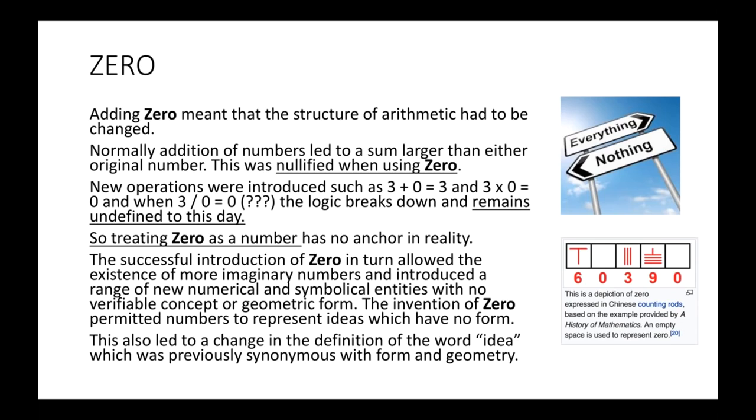So the invention of 0 permitted numbers to represent ideas which had no form or no geometry. And this basically also led to a change in the definition of the word idea, which was previously synonymous with form and geometry. So you can see how the addition of something like 0 negates a lot of the things that were already there before it came.